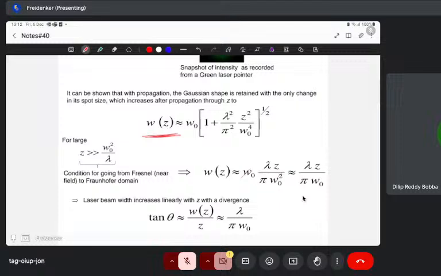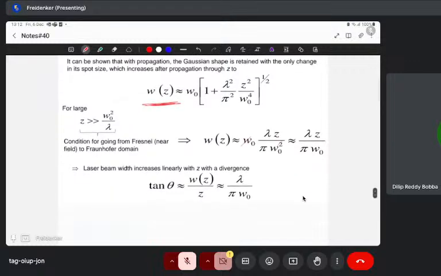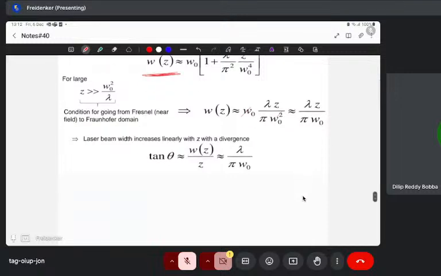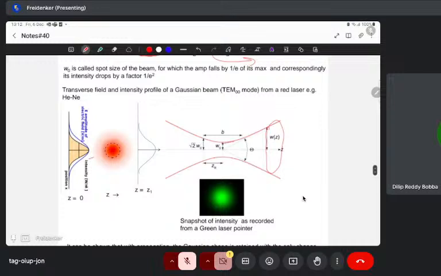In that case, this one will become insignificant, and the one will become insignificant. Then the square root will come. Laser beam width increases linearly. Initially it will look like this, but at farther distances, it will appear as though the increase in width size is linear.